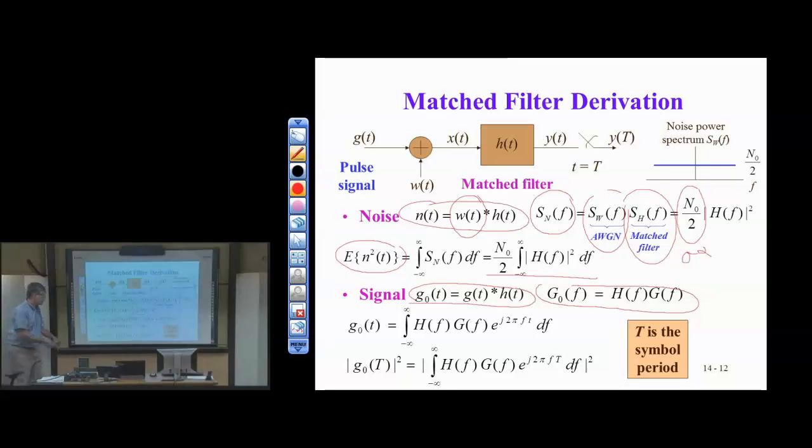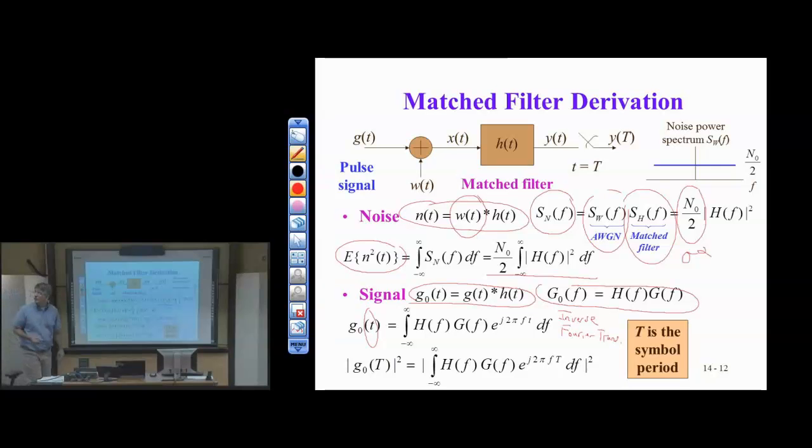If I want to go back to the time domain, which I do need to do because I have a sampling operation to follow, I simply take the inverse Fourier transform of G naught of f. And then I want, in particular, the value at little t equal to capital T. And to get instantaneous power, I take the magnitude squared.